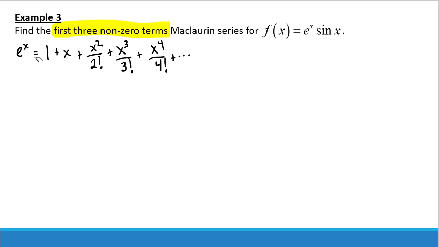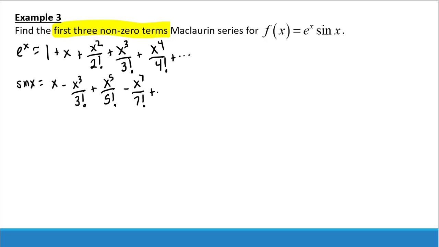Sine of x is equal to x. It rotates. We have all of our odd exponents. I don't think I'm going to need more than x to the 7th here. Again, I keep putting that equal sign. I don't like that. This is an approximation.